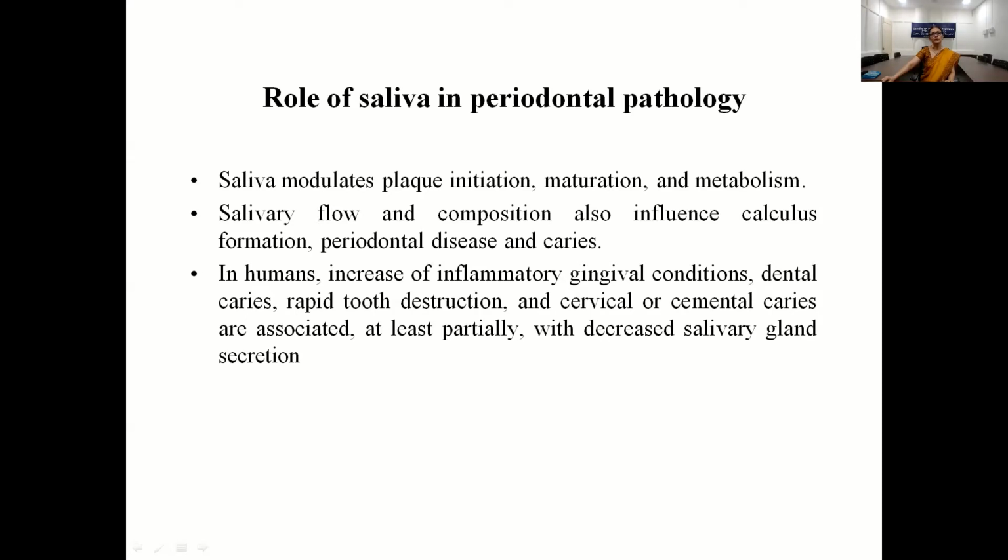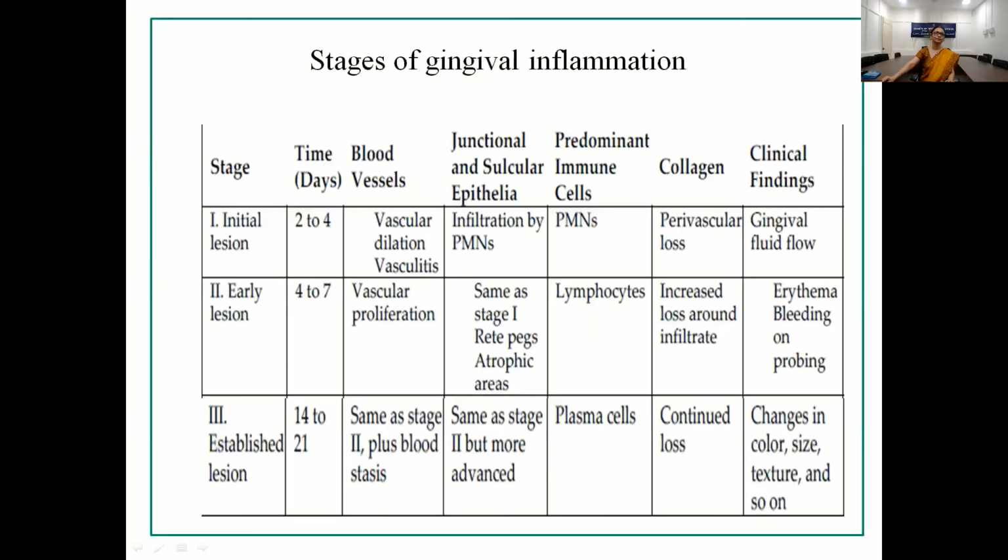In humans, inflammatory gingival conditions, dental caries, rapid tooth destruction, and cervical or cemental caries are associated at least partially with decreased salivary gland secretion. So, whenever there is a xerostomia, the prevalence of cervical and cemental caries is increased. Also, the prevalence of periodontal disease is increased.